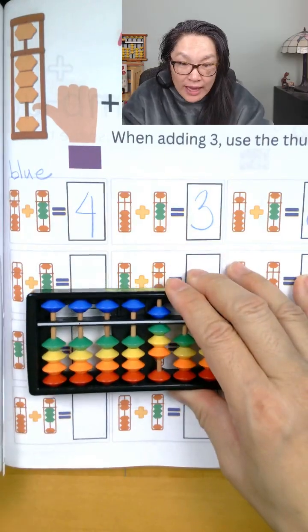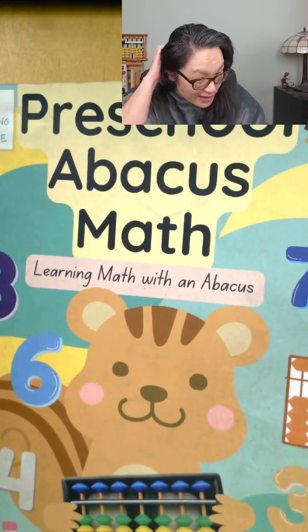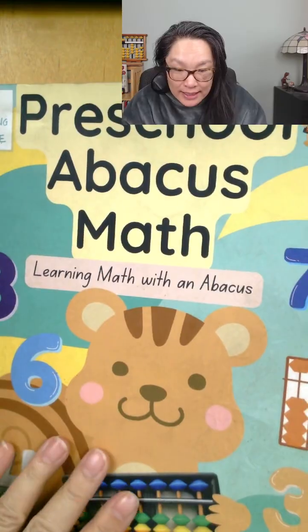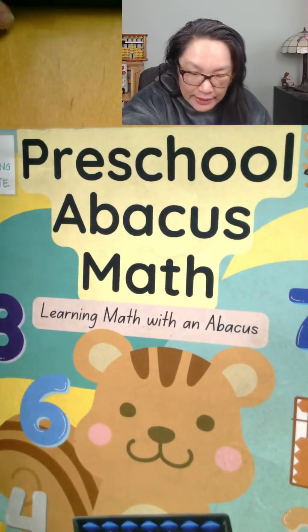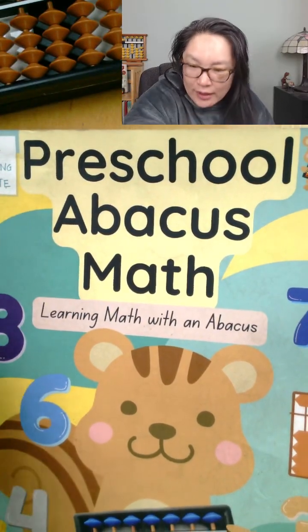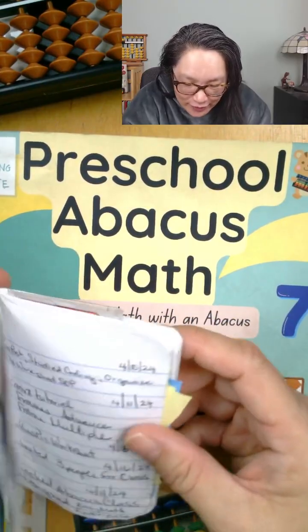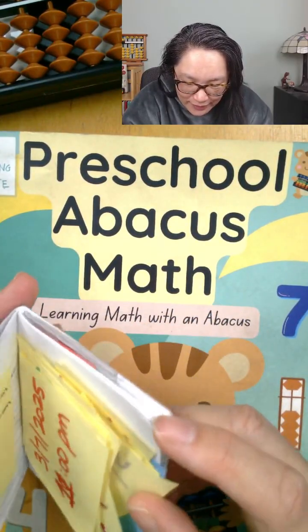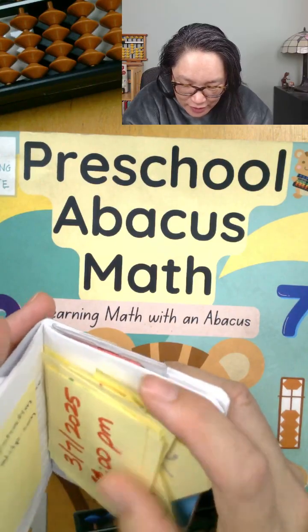Is that the book you wrote? Yeah, I created this book. It's a math workbook, and it's available on Amazon. You can find my name. I'm still trying to do it on TikTok Shop, but I can't figure out how to do TikTok Shop.